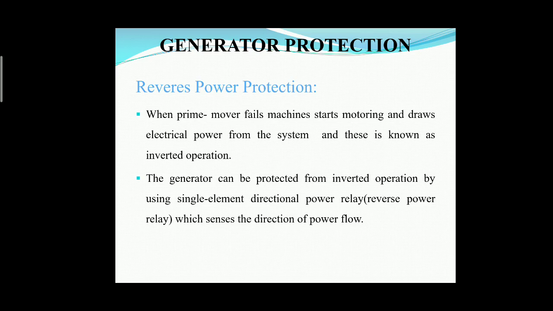When the current enters the generator winding from the grid, the generator acts as an induction motor. The generator starts rotating in the direction of the turbine.